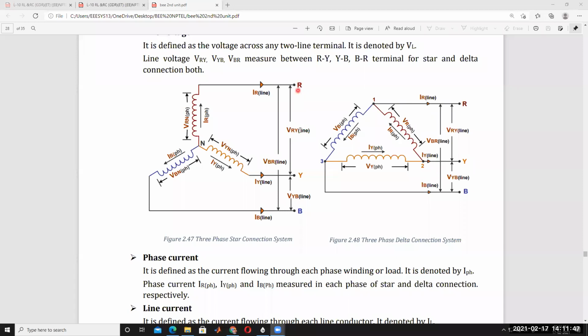Here also, RYB. If you take the other direction, anti-clockwise, it is RBY, the negative phase sequence.